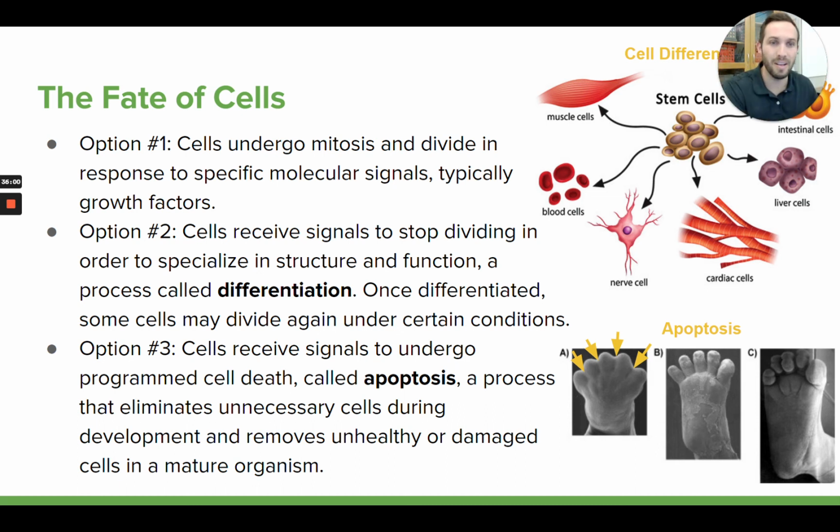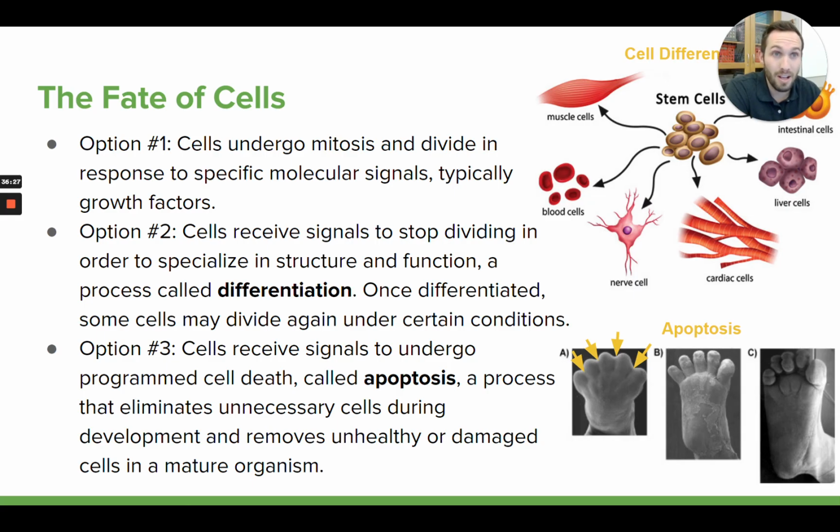A good example is your fingers and your toes. They used to have skin between them as they were forming, and there were skin cells there. You had webbed feet and webbed fingers. But later on in development, those cells between your digits are told to go through apoptosis, and then they go away, and you now have these free moving phalanges in your toes and in your fingers. And so that's another option.